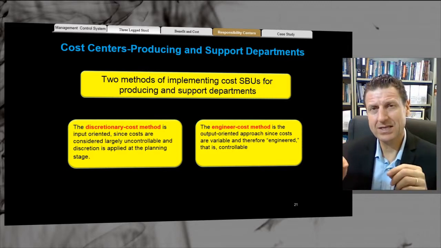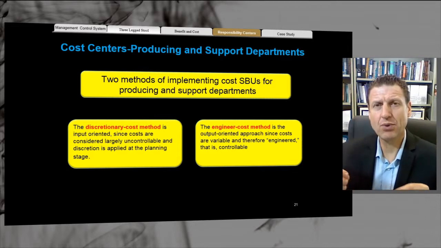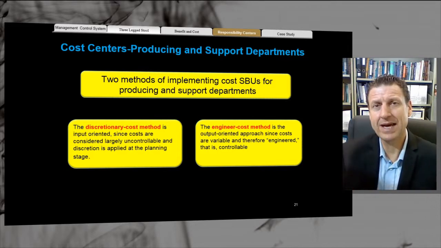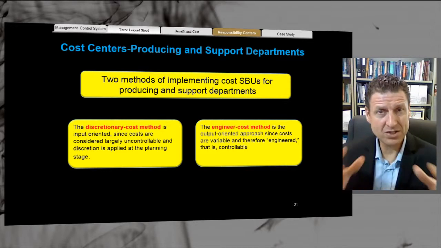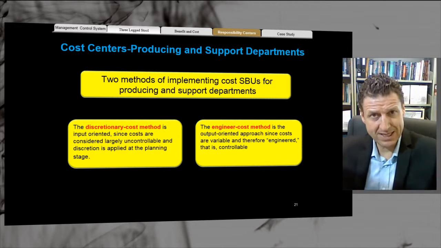So you're not taking into account the efficiency or the effectiveness of the productivity of the people in that unit. You're not looking at the inputs or the outputs, you're just looking at a fixed amount, and you're using historical benchmarks, or benchmarks of other competition around, to say how much the budget should be. That's discretionary and very much top down.